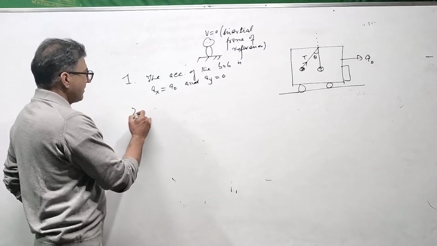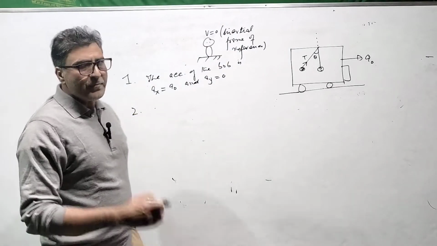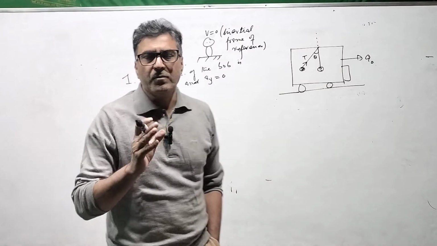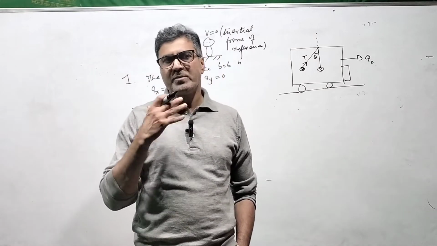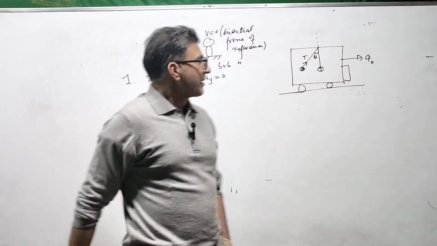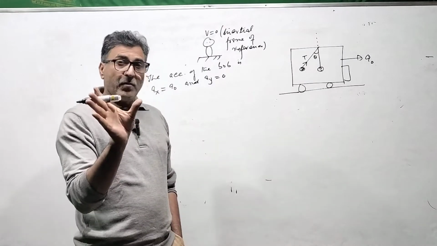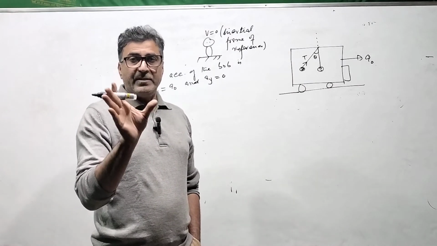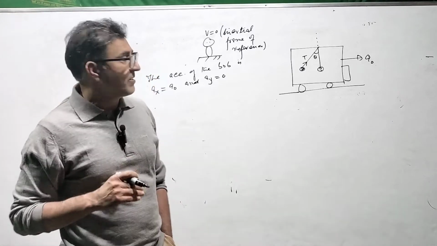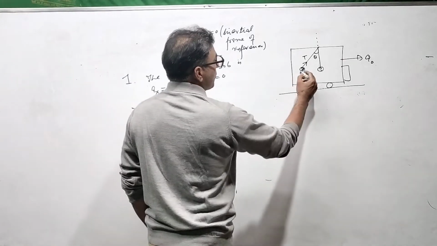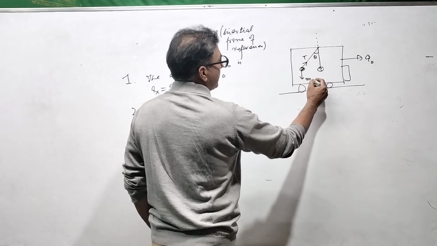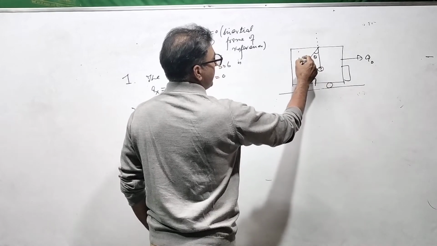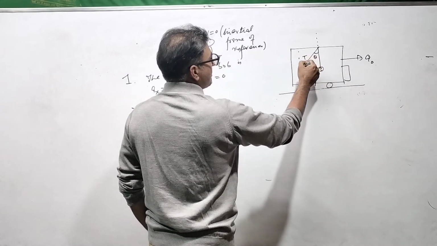Now second, what are the forces that he will observe on the object? He will observe only real forces, those forces which have actual agents, as I discussed in the last lecture. He will observe the force mg downwards, and the tension here, with angle theta here, and this is also theta.